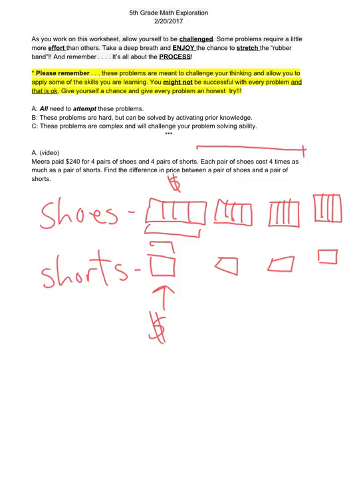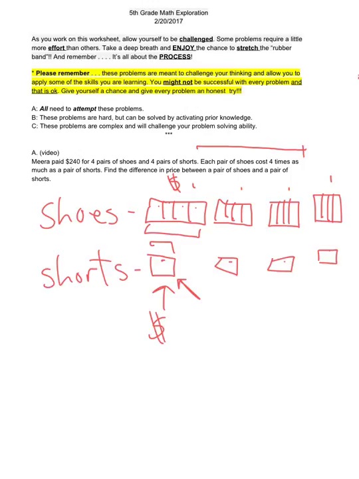And again, the reason I'm doing that is because it says each pair of shoes costs 4 times as much as a pair of shorts. So if one unit right here represents the cost of one pair of shorts, then 4 units show the cost of a pair of shoes. So here's my 4 pairs of shorts, and up here are my 4 pairs of shoes.